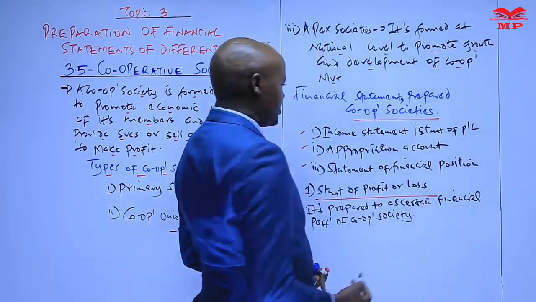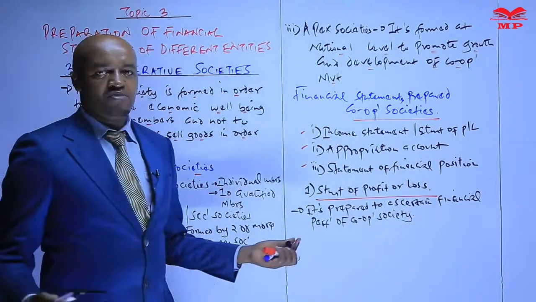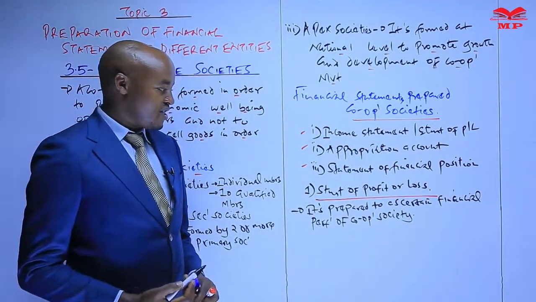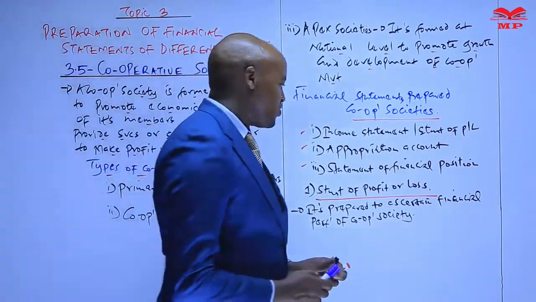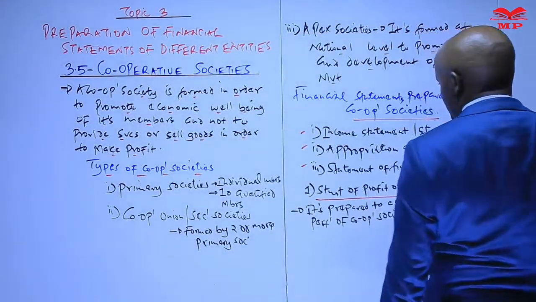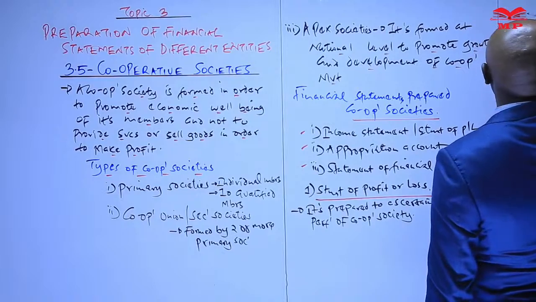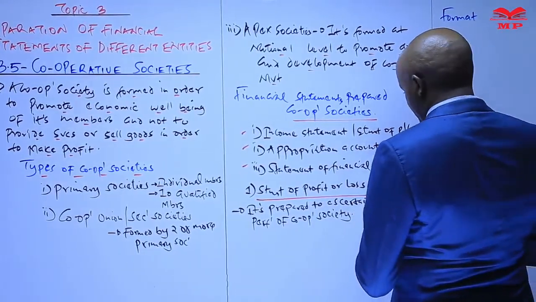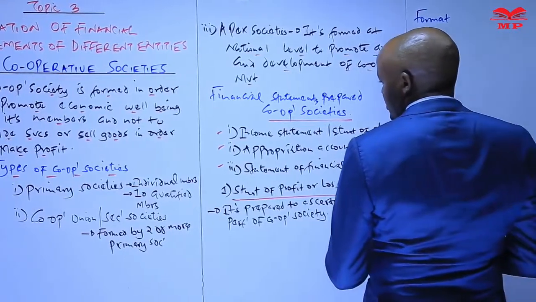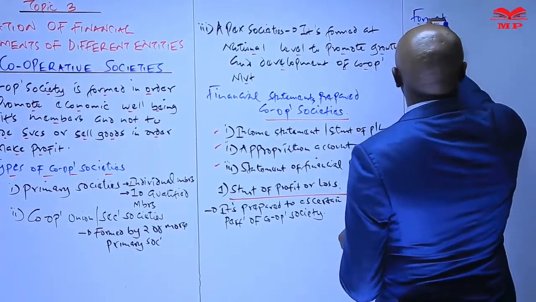In other terms, we can say it is prepared to ascertain the profit or loss of a cooperative society in a given financial year. So how do we prepare, or how is this statement of profit or loss presented? So let's look at the format or the layout of what we refer to as a statement of profit or loss.